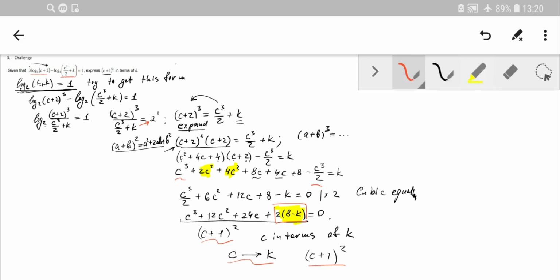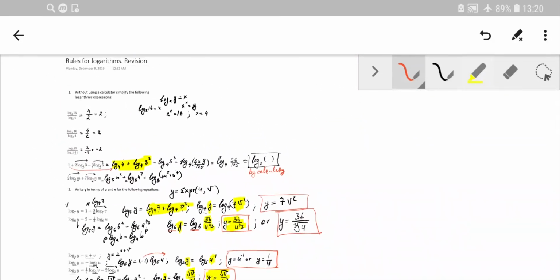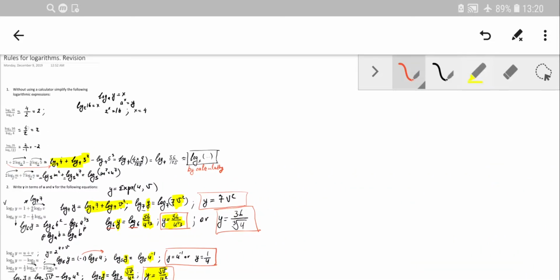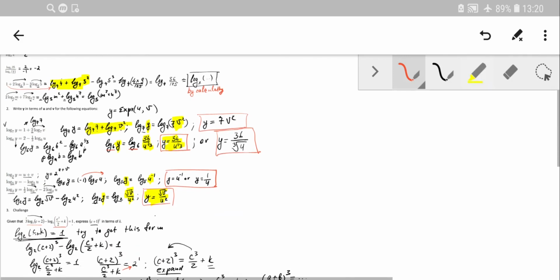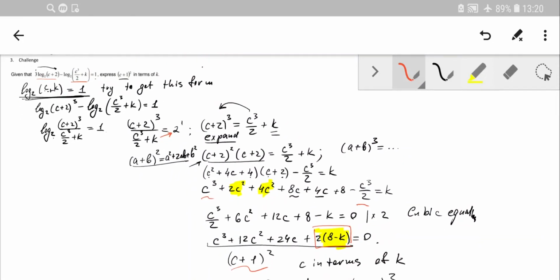Okay, so hope you enjoyed. That was rules for logarithms. So be focused on the first and the second problems because they are the primary goal for that. And what about the challenge? I guess there is a sort of misprint. Excuse me for that.